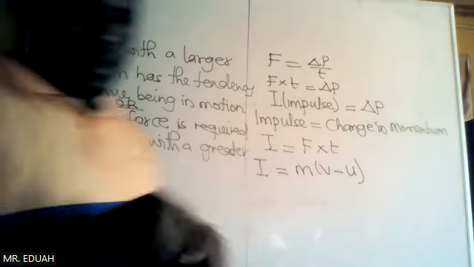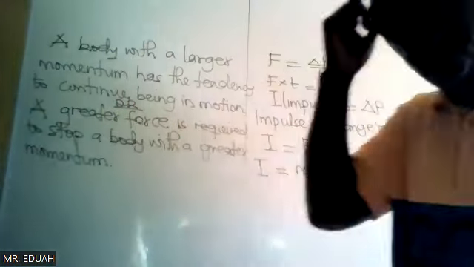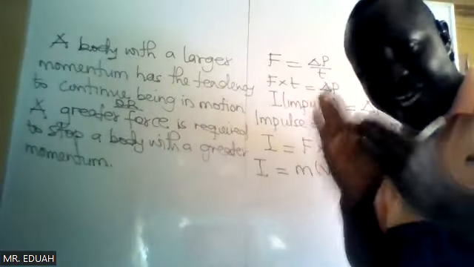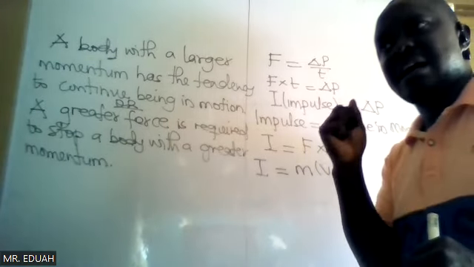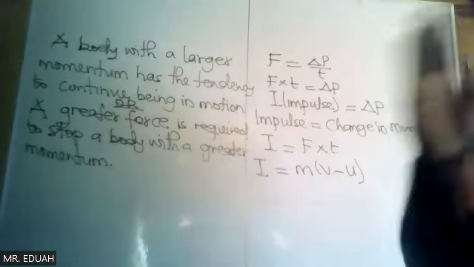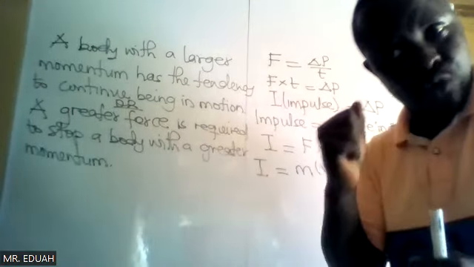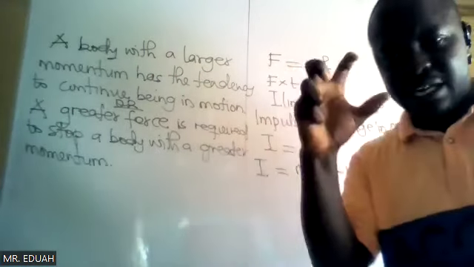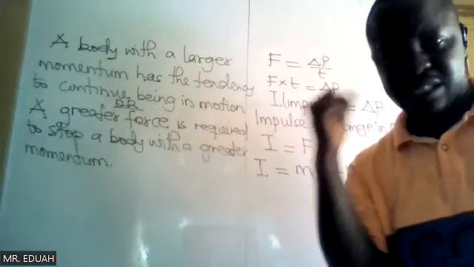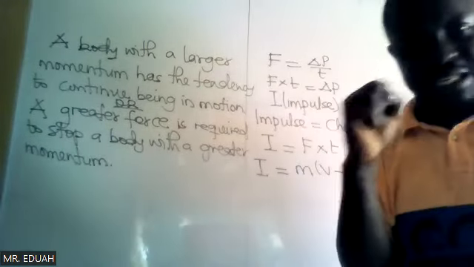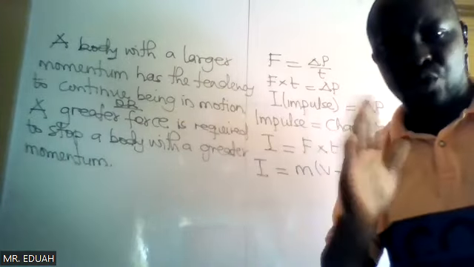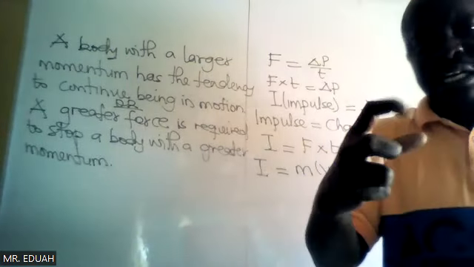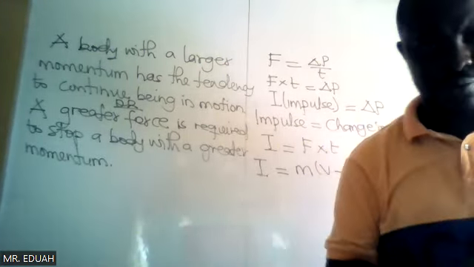Practically, this is it. If I should solidly hit a tennis ball with a bat, and then the same tennis ball, the same mass, I throw with the hand, which of these situations would inform the chances that the tennis ball will be stopped?